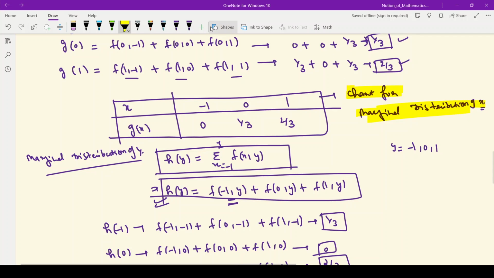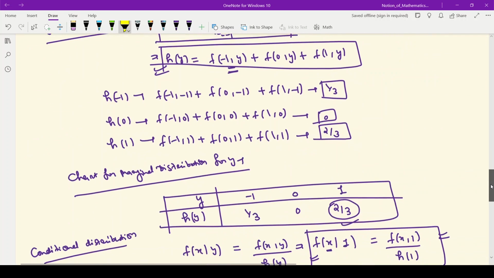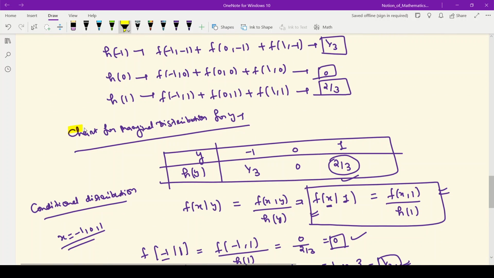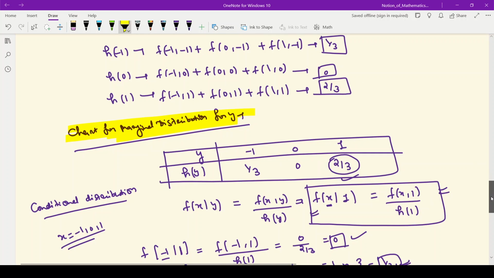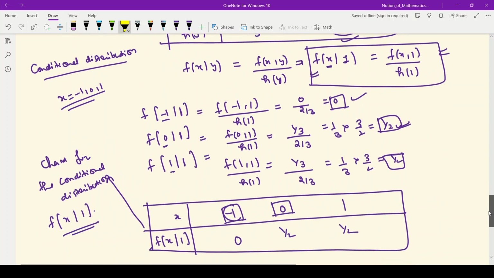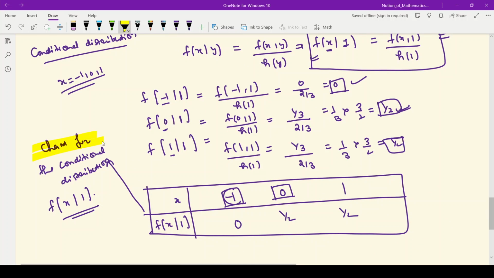Thereafter I evaluated the marginal distribution for y and represented it by this chart. And after that I evaluated the conditional distribution, and I have provided a chart for this conditional distribution.